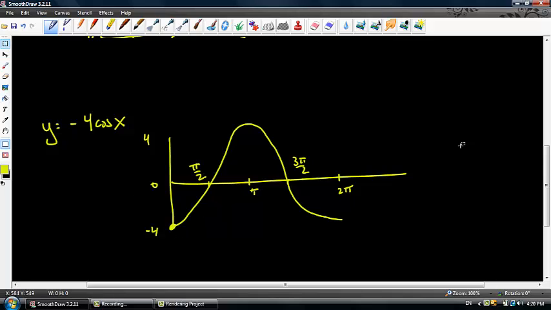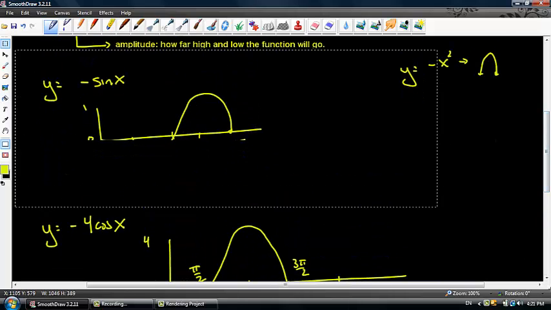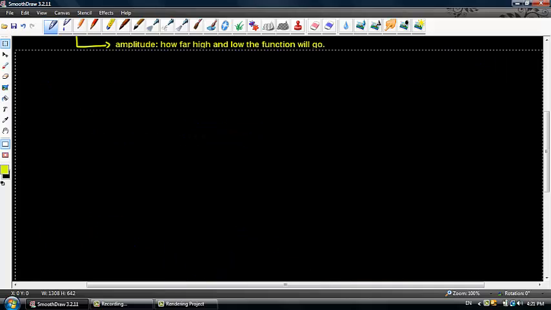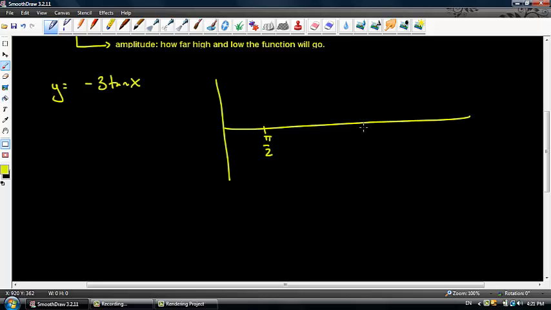All right, let's take a look at tangent with a negative, and after that I will trust that you can do the reciprocal functions on your own. So y equals negative 3 tangent of x. So what that looks like is it looks like this. Remember, with tangent, we've got asymptotes at pi over 2 and 3 pi over 2.